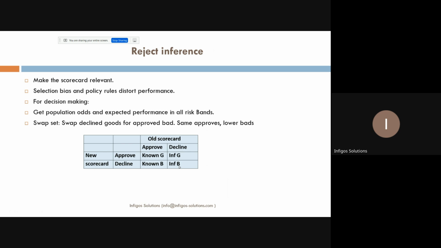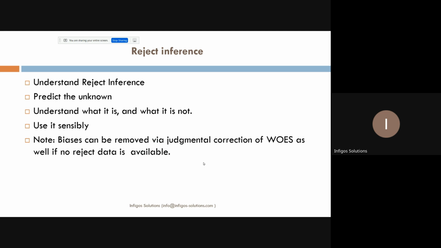Does everybody understand this? So in making every scorecard, we have to include the reject inference, in case you are making a scorecard for through-the-door customers, which are new customers. You have to do it.